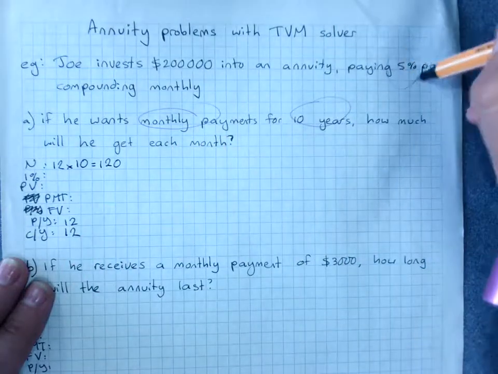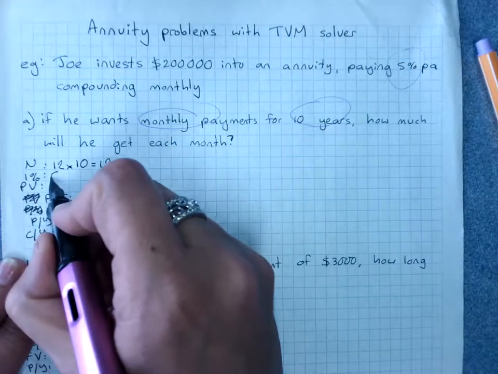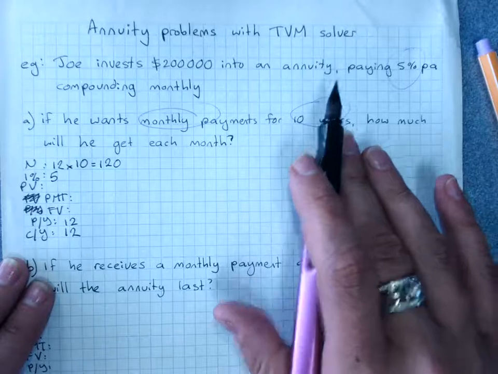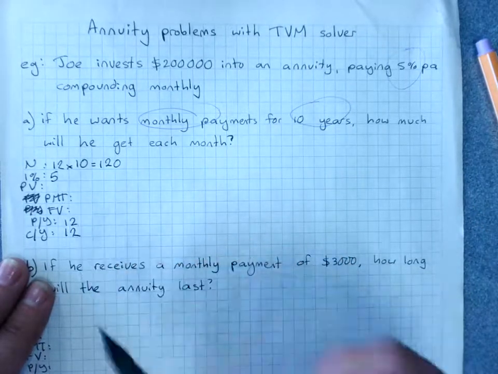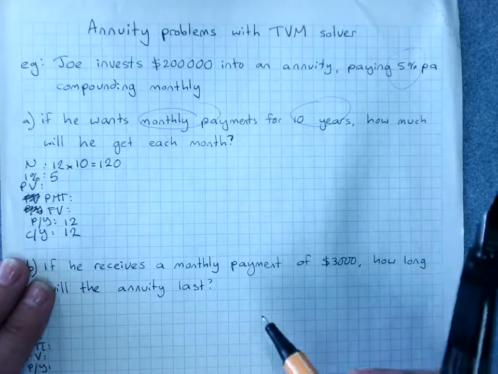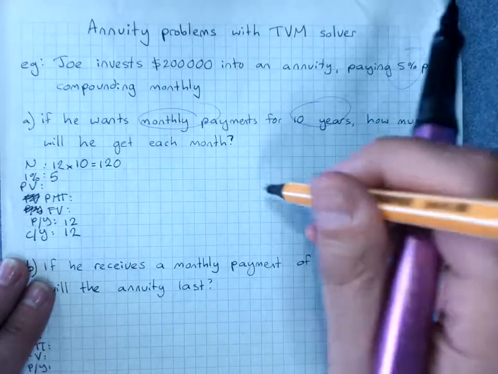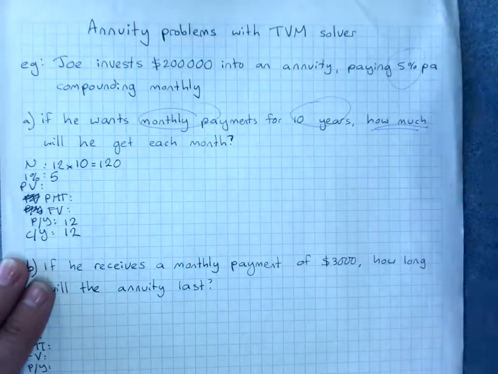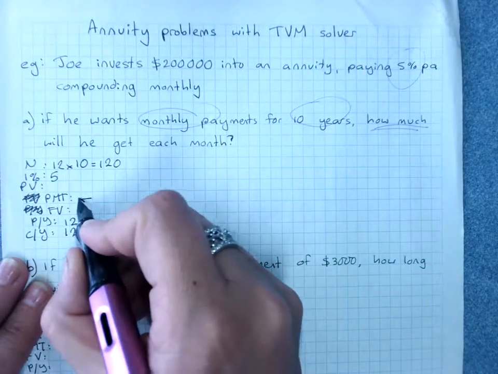We have an interest rate of 5% per annum. Remember, we're back on TVM solver, so we don't have to change this to monthly. It does it for us. And we want to know how much he'll get each month. So that means we're solving for the payments.